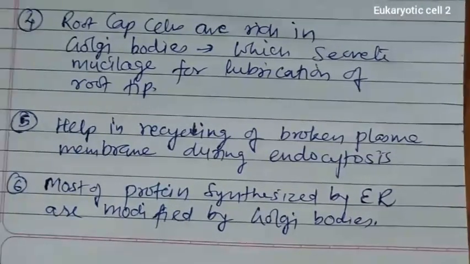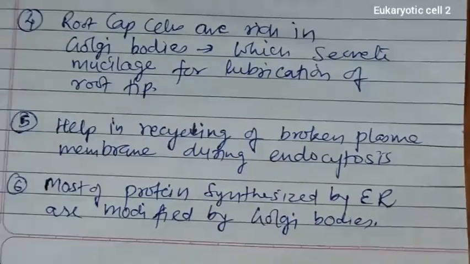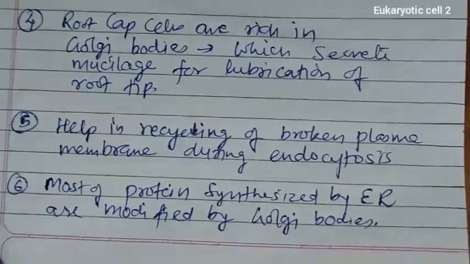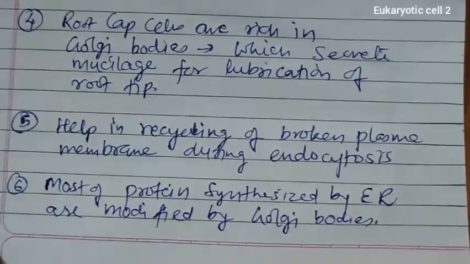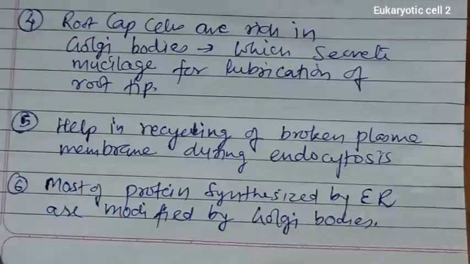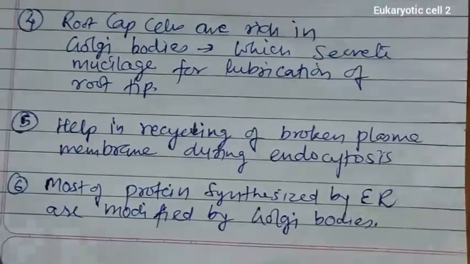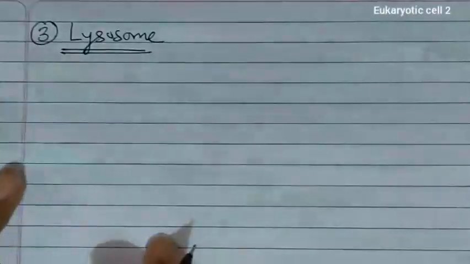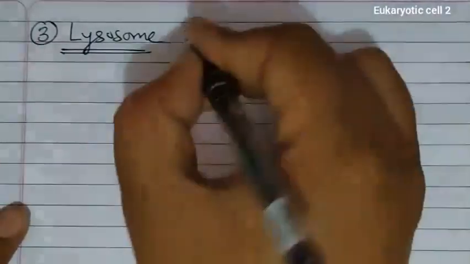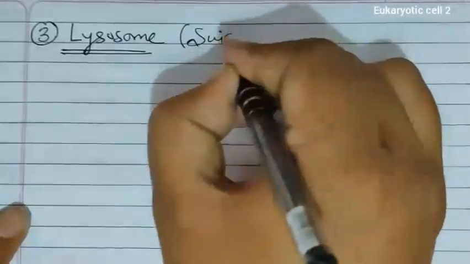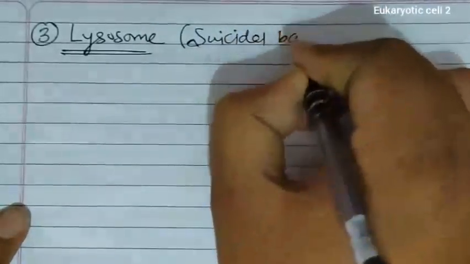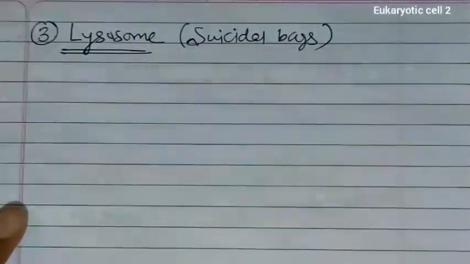Now we have studied one important point, that some of the Golgian vacuoles act as lysosomes. So the next component of endomembrane system is lysosome. The third component of endomembrane system is lysosome. Now lysosomes are also known as suicidal bags.